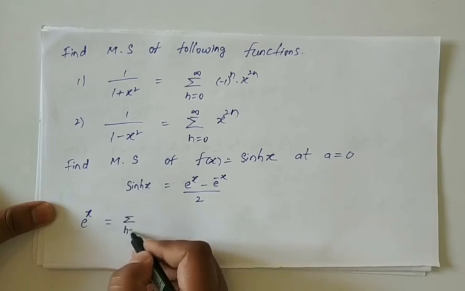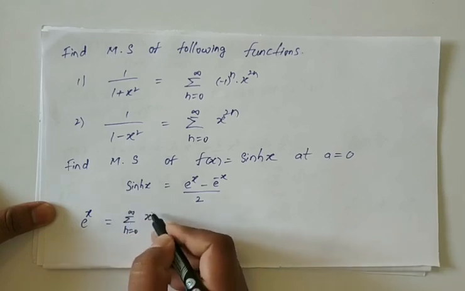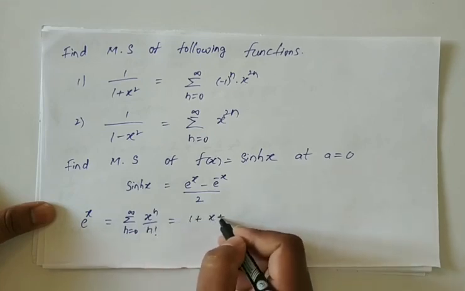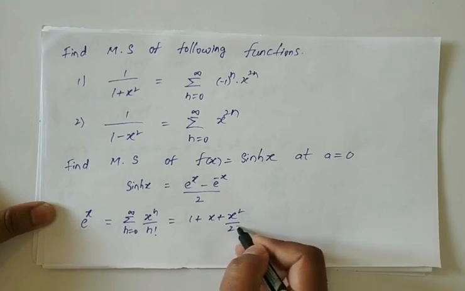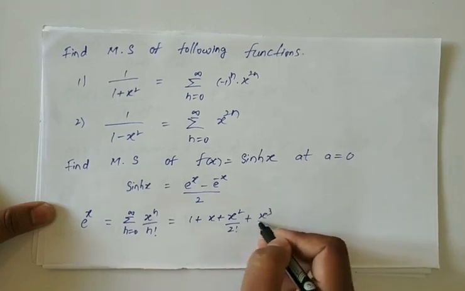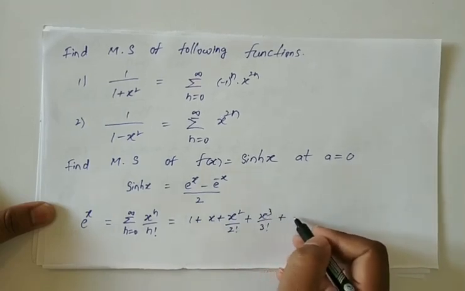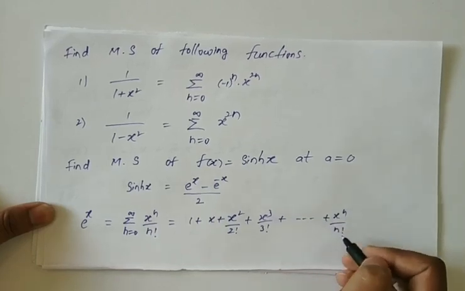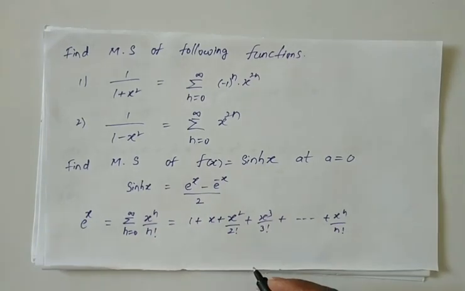Summation n equals 0 to infinity x power n by n factorial is nothing but 1 plus x plus x square by 2 factorial plus x cube by 3 factorial plus so on, plus x power n by n factorial. Similarly, write down the Maclaurin series of e power minus x.